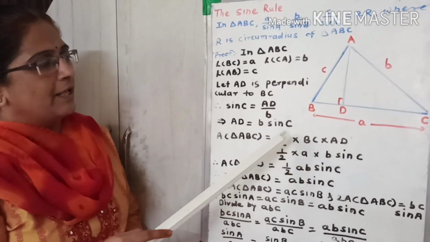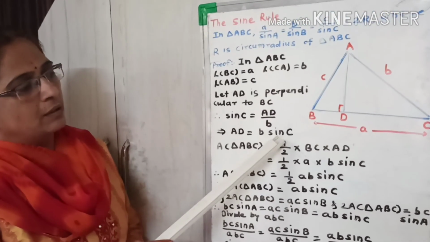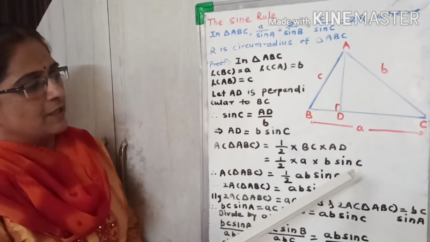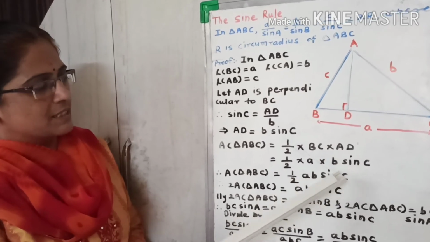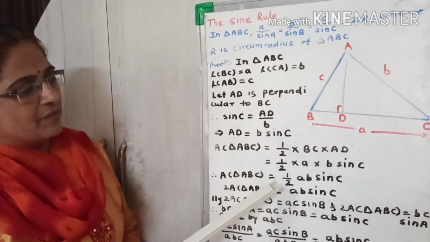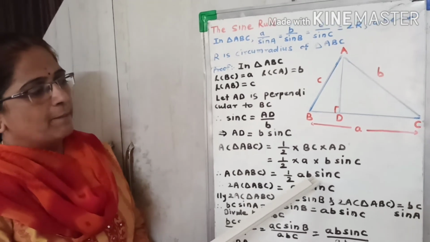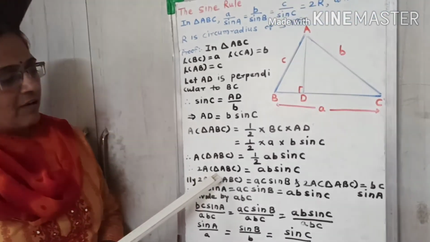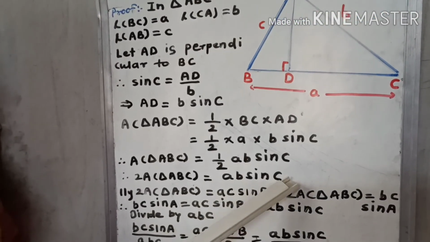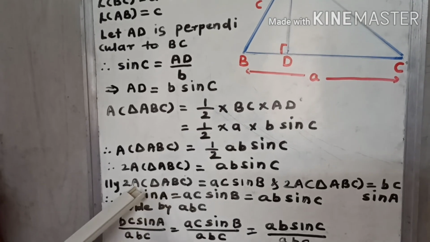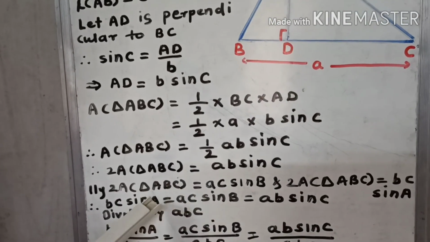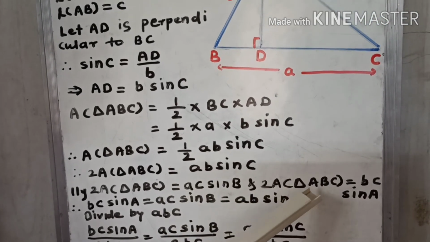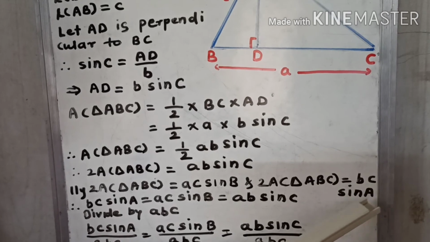And AD we have already found using the property of the right angle triangle, that is b sine C. Putting the value of AD as b sine C, the area of triangle ABC is equal to 1/2 ab sine C. This can be written as 2 times the area of triangle ABC is equal to ab sine C. Similarly, we can prove 2 times the area of triangle ABC is equal to ac sine B, and 2 times the area of triangle ABC is equal to bc sine A.